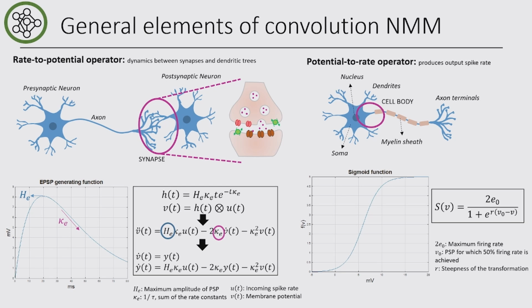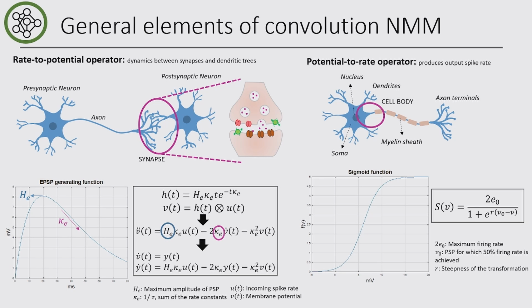So this is the input, this is the response of the postsynaptic cell to its input. And this is typically described in convolutional neural mass models with this convolutional operator that can be described as a second order nonlinear differential equation, which can then be separated out into a pair of coupled first order differential equations. So that's the bit that's giving you the response to the input.